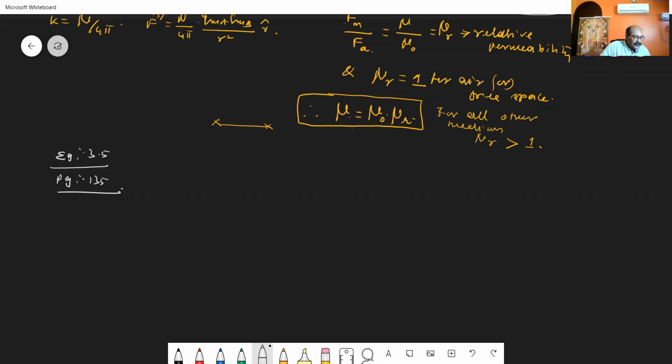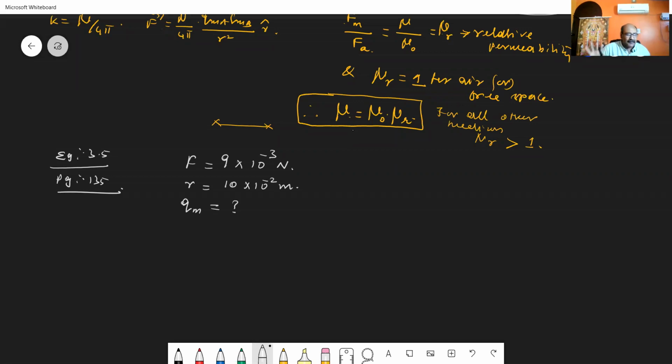The repulsive force F is equal to 9 into 10 to the power of minus 3 Newton. The distance of separation R is equal to 10 centimeter, that is 10 into 10 to the power of minus 2 meter. Calculate the pole strength of both, A and B.